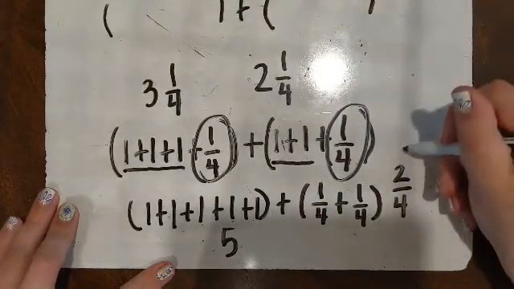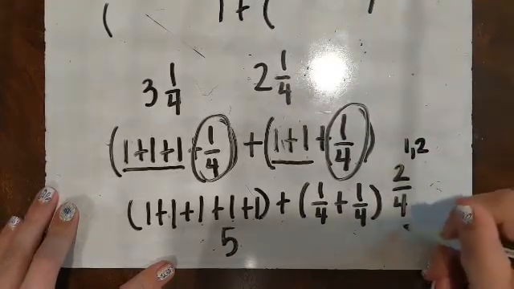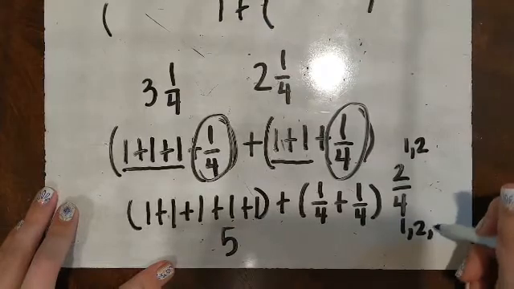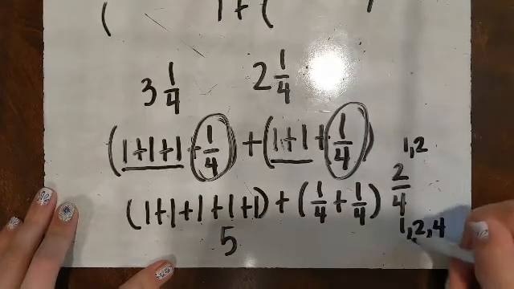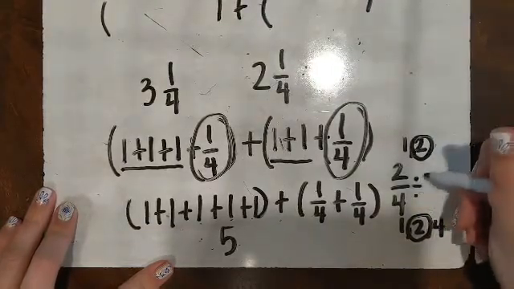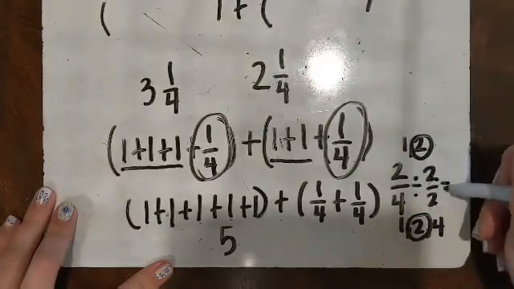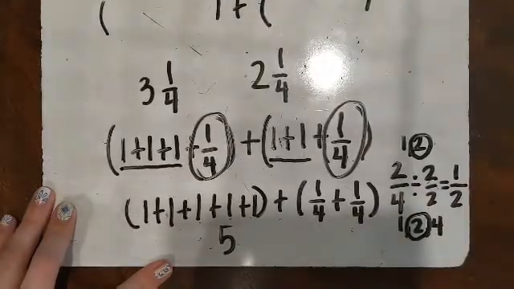So factors of 2: 1 and 2. Factors of 4 are 1, 2, and 4. What is my greatest common factor? 2. So then divide by 2 over 2 to get 1/2. 2/4 is equal to 1/2.